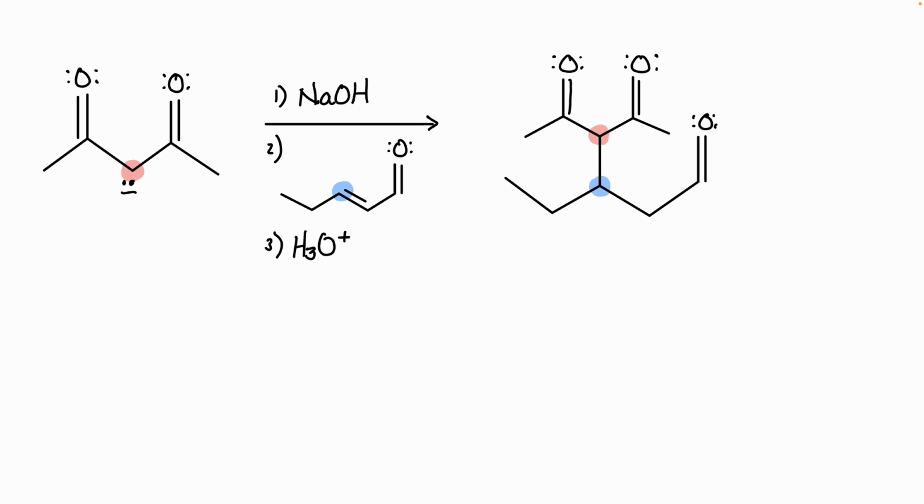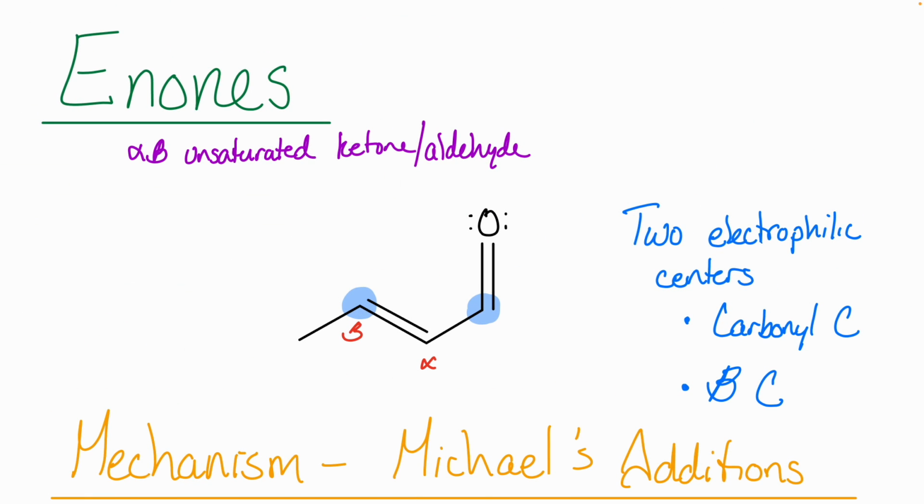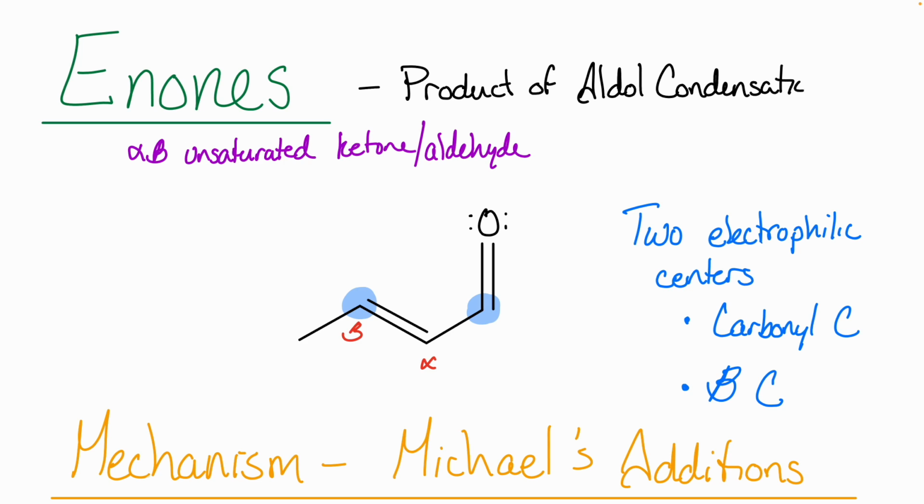All right, and actually, first thing, before we move on, one thing that I want to note about these enones, where we started off today, we've seen these before. These are the product of an aldol condensation. It's just always good to note when we've got reactions that we can chain together here.